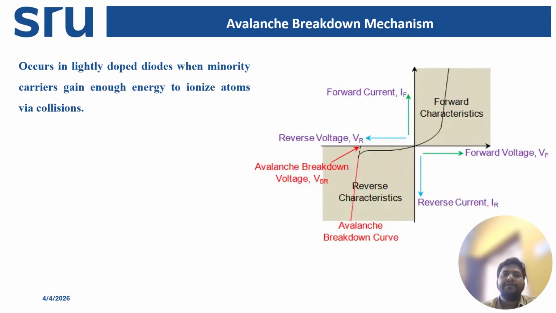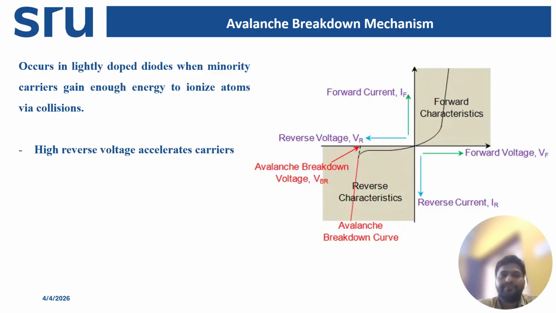The conditions for breakdown: avalanche breakdown occurs in a lightly doped PN junction diode with a wide depletion region and high reverse breakdown voltage, usually greater than 6 volts. In a Zener diode, the voltage is below 5 volts, or 5 to 6 volts. In avalanche breakdown, the voltage level is above 6 volts.